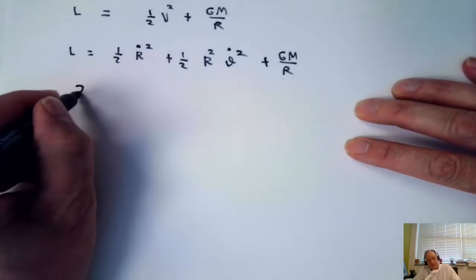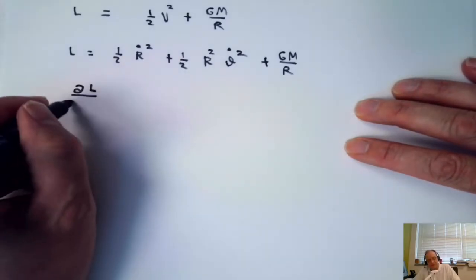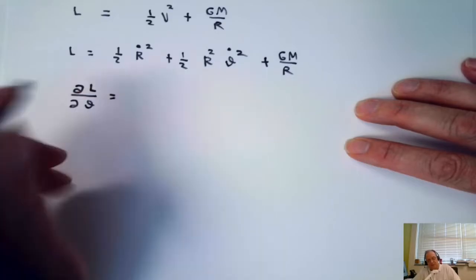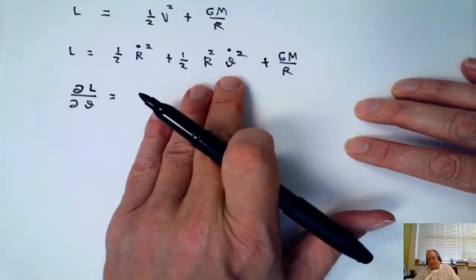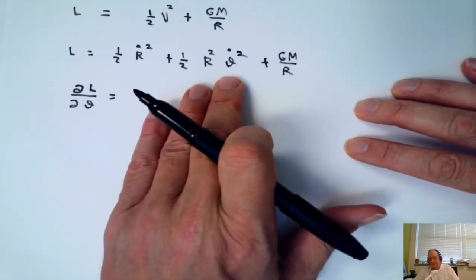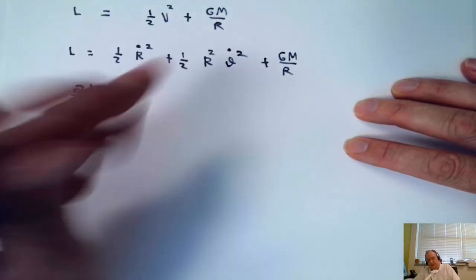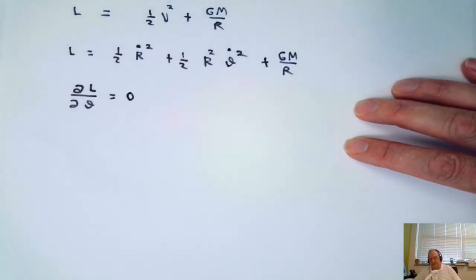So I'm going to look at the partial of L with respect to theta. No theta, no theta. Theta dot appears, but theta doesn't by itself. Partial of L with respect to theta is 0.